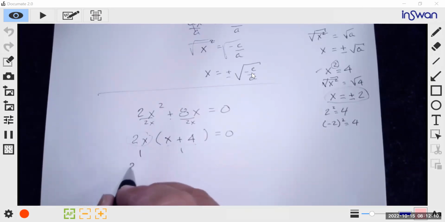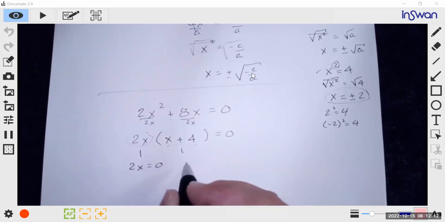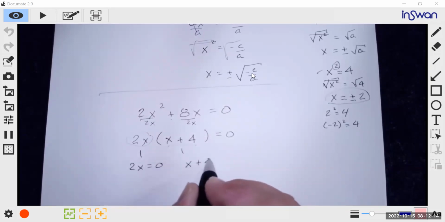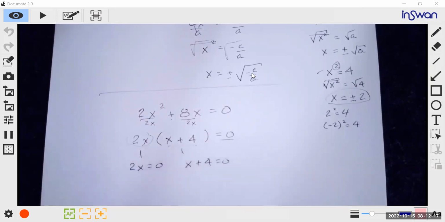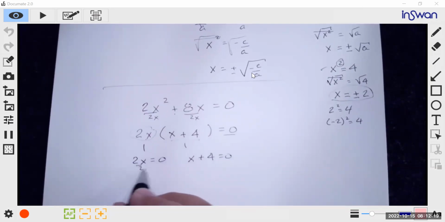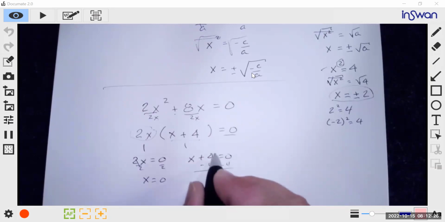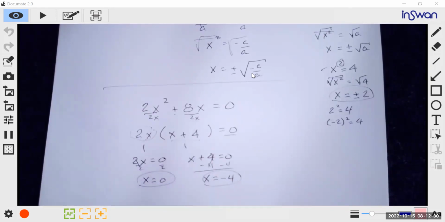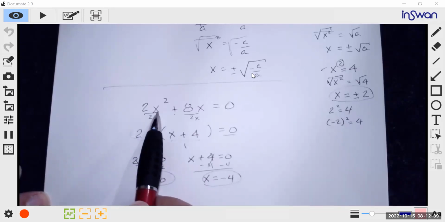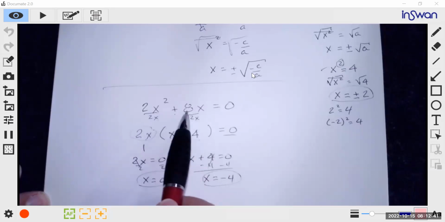Then set both of those equations equal to 0, because it has to equal 0. So x is 0, and x is negative 4. So those are the answers for that equation. Of course, always check your answers. So 2 times 0 is 0, 8 times 0 is 0, 0 plus 0 is 0.